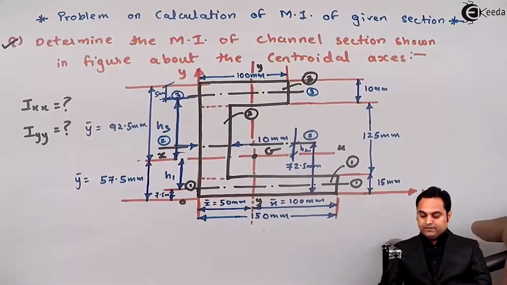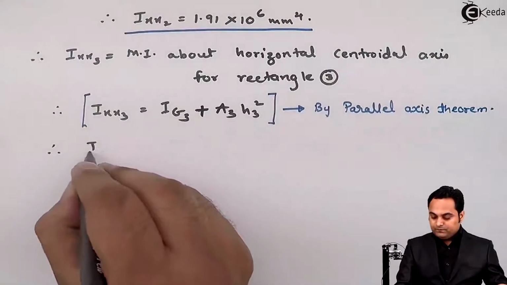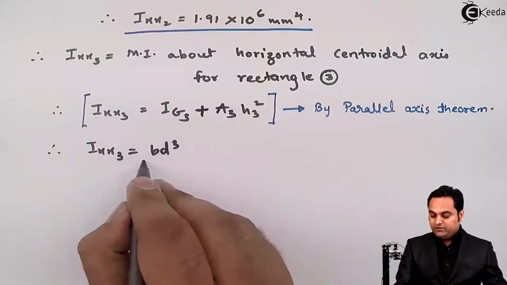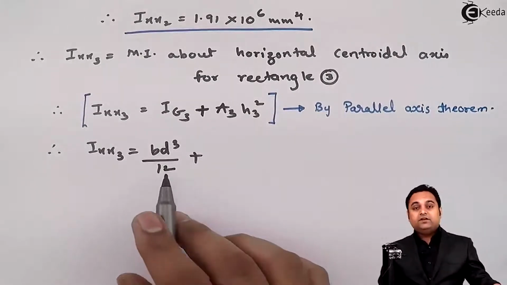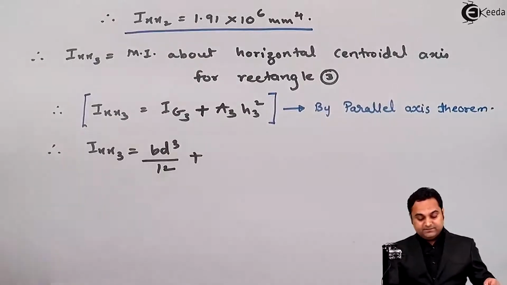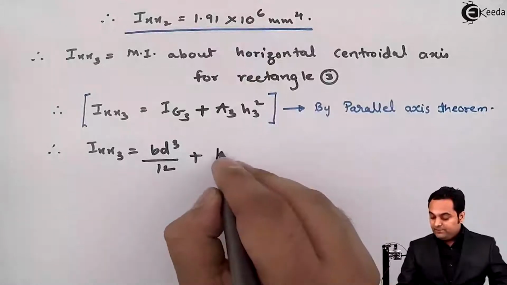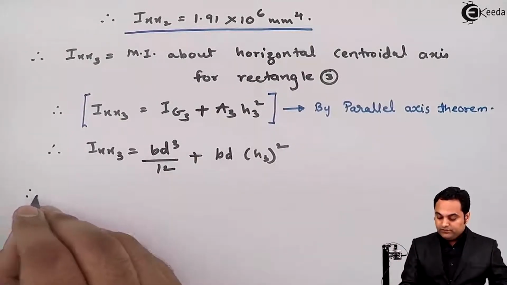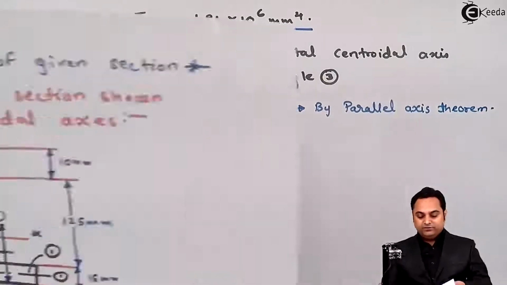So now I'll say that therefore Ix3 will be equal to Ig3, which is bd cube by 12, because it is the moment of inertia for rectangle 3 about its x-axis, which is axis 3-3, plus area, which is b into d, into h3 square. So therefore Ix3 is equal to b and d values.